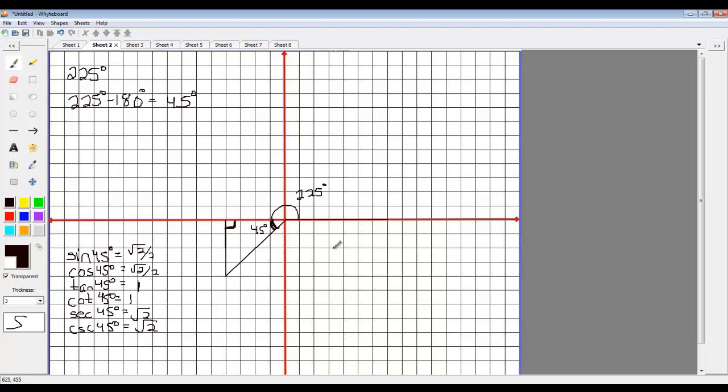Well, if we want to do the same thing for 225, sine of 225, you're going to be using square root of 2 over 2 also. But then you got to think about your little saying: A Smart Trig Class.